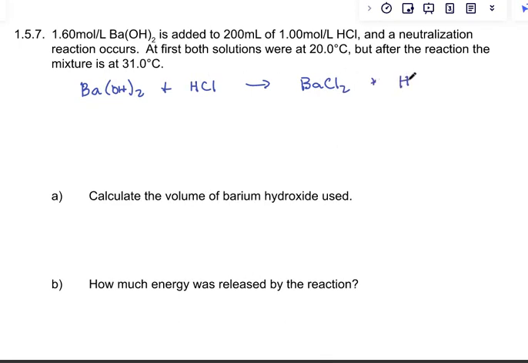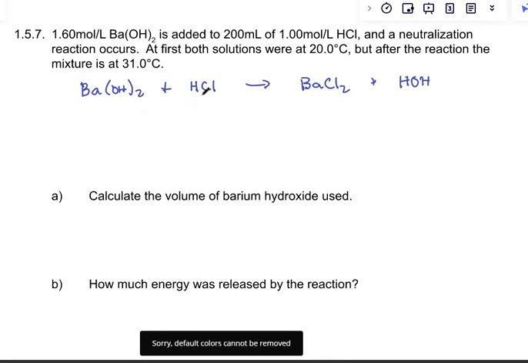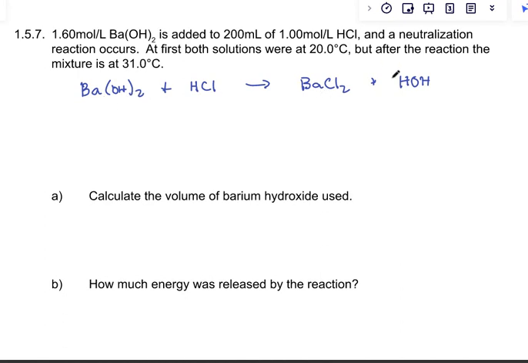But I'm going to write it as HOH because that makes this just a smidge easier to balance, I think. One barium, that's fine. Two hydroxides means we need a 2 here, but a 2 there means we also have 2 H's, so now we need a 2 here. And that 2 means we have 2 chlorines. That's fine. Okay, so here's our balanced reaction.